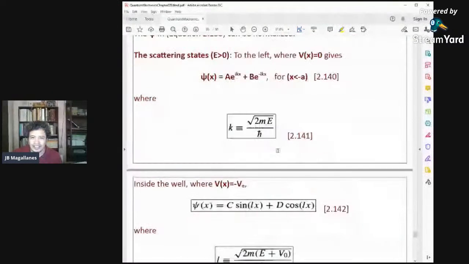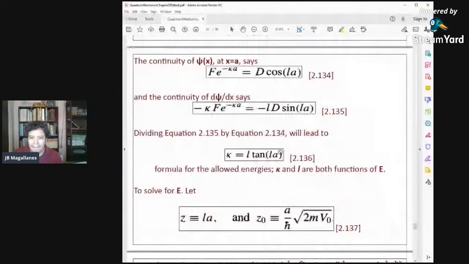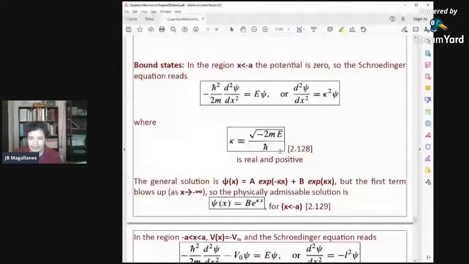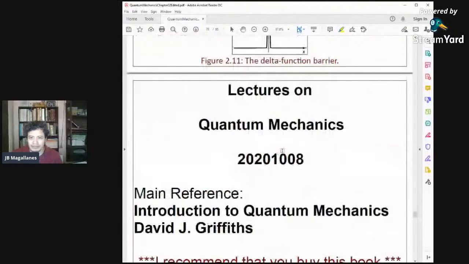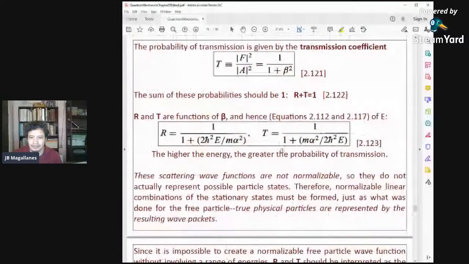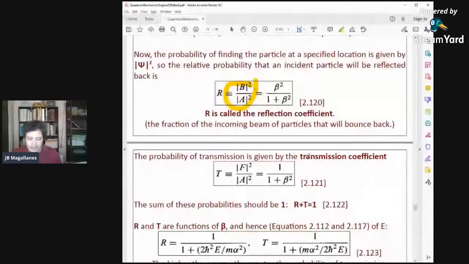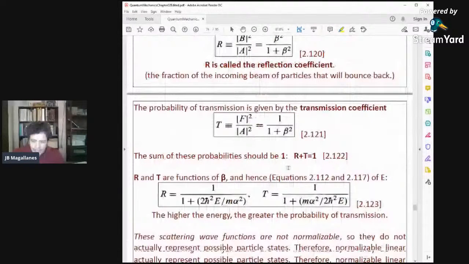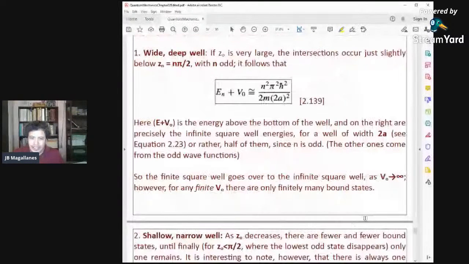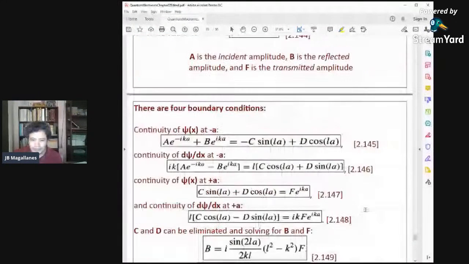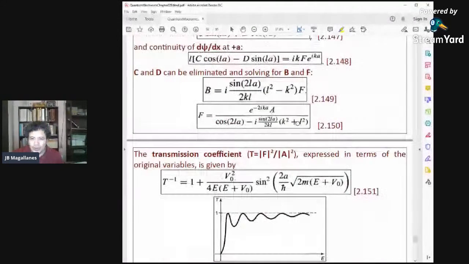Wait, let's look at the B over A. In this case you have to write F here in terms of A. So replace this F with this.